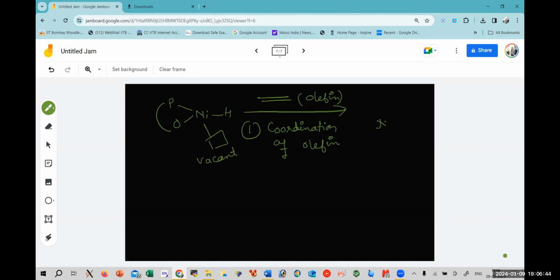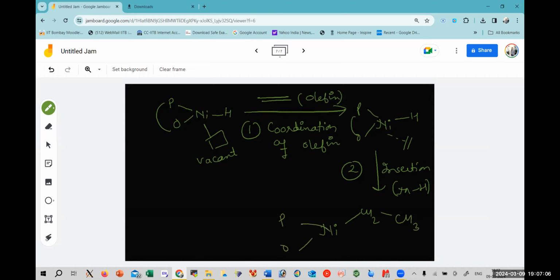So firstly we will be having coordination with alkene. Now the second step is the insertion into the metal hydrogen bond. So what we expect is this CH2 and this CH3 becomes over here, and ultimately we end up having a vacancy over here. This process continues when we have a second olefin, and therefore it would form the polyolefin.